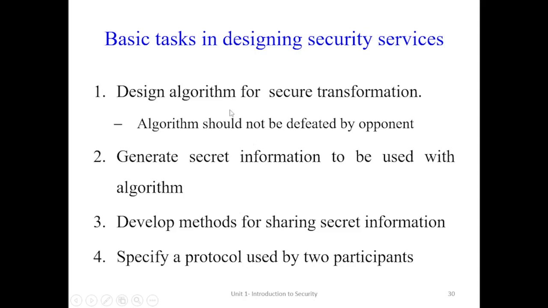The first task is we should design an algorithm for secure transformation. That means that algorithm should not be defeated by the opponent. So for that purpose, we should design a secured algorithm, and that algorithm should not be broken by an opponent.